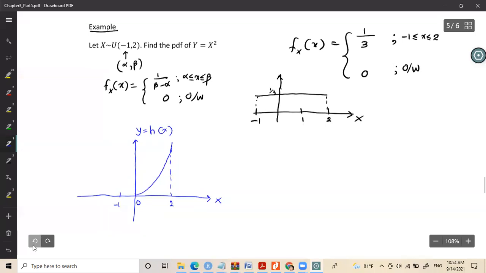A nice symmetric function. Okay, but the other dotted area we don't need because our support is only up to -1. Let me draw it a bit. It goes like that.